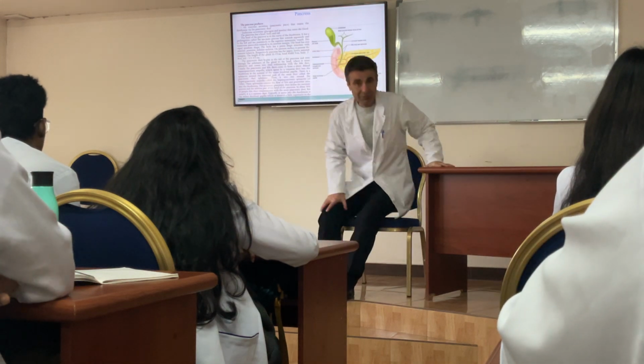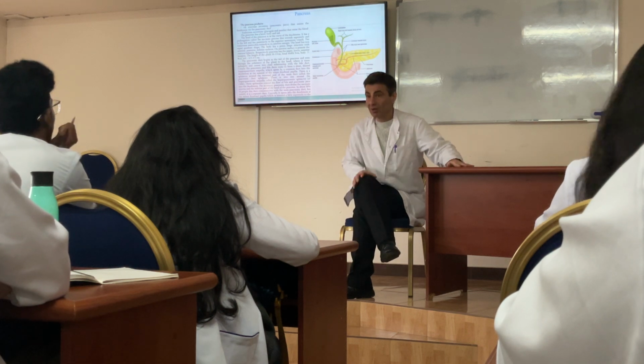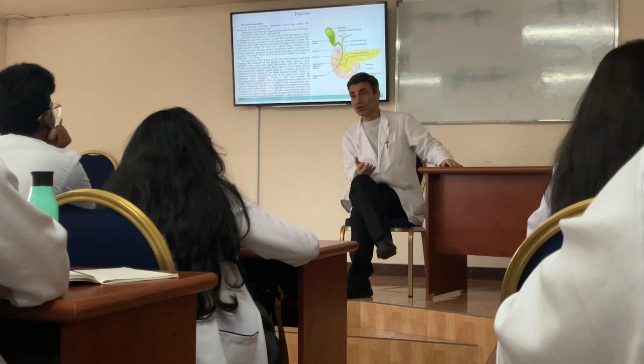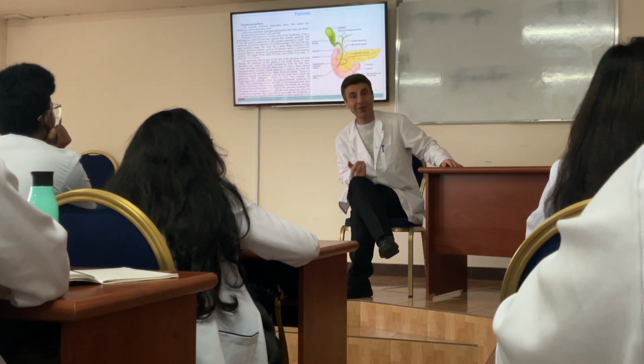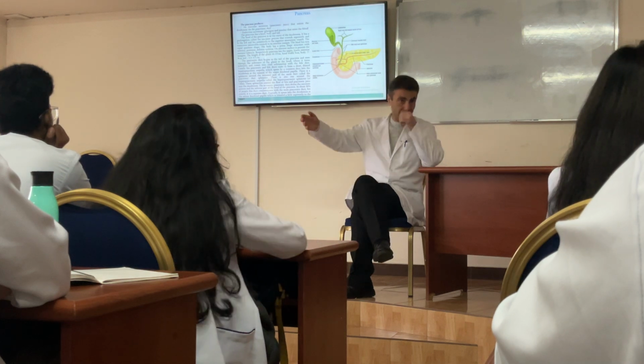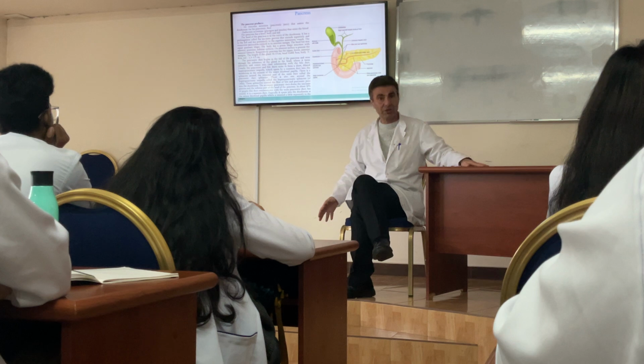By the way, from some point of view, it resembles the liver. Because the liver also has a dual function, exocrine and endocrine. You remember the different forms of somatostatin produced inside the liver.